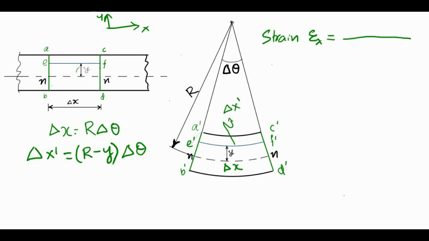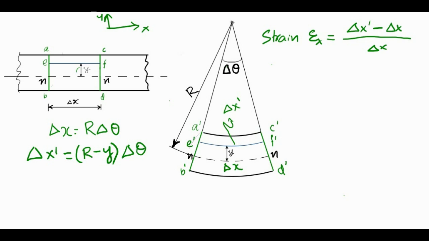The original length is delta x for all layers, and after bending the length changed to delta x dash. That new length minus the original length will give the change in length.